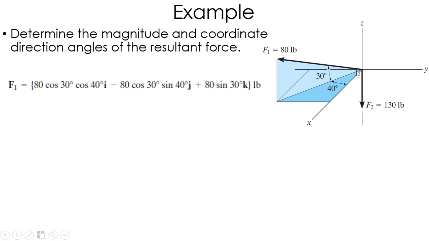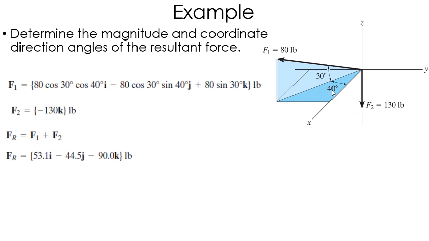Now F2 is very simple. It's just acting downward in the negative z direction, so I just get minus 130k. So once I've written both vectors in Cartesian form, I simply add up the i's, add up the j's, add up the k's. So adding up the i's, the 53.1 is just what I've got here because there's no x component here.